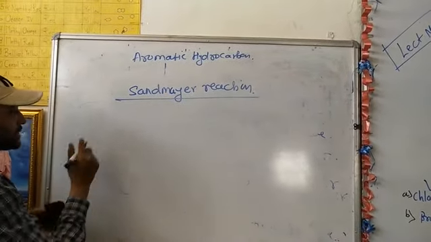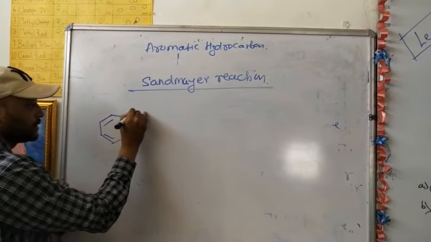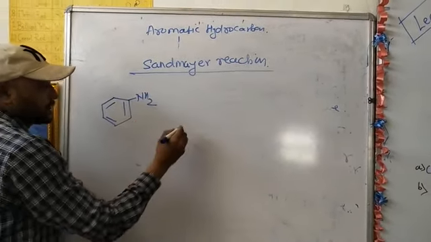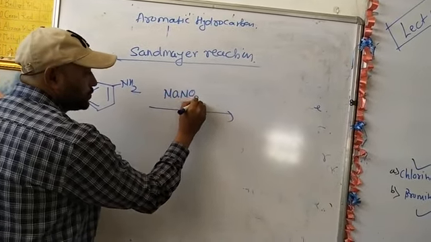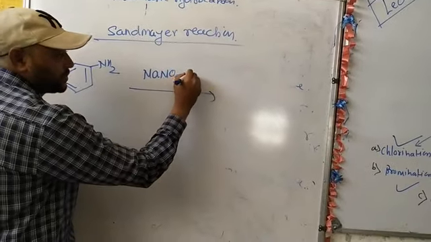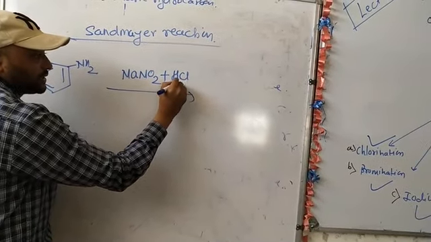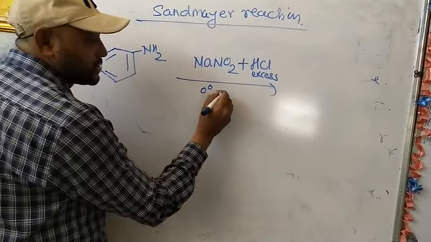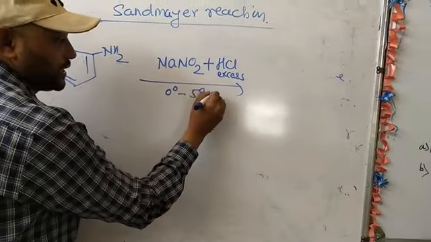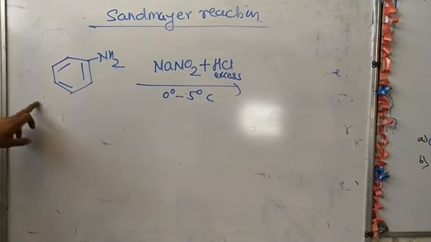What is done in this reaction? Aniline is treated with NaNO2, sodium nitrite, in the presence of excess hydrochloric acid, at about 0 degrees Celsius to 5 degrees Celsius.